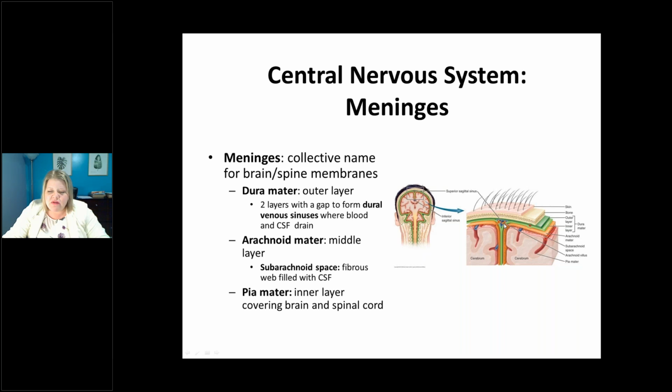The arachnoid villi, which are these projections into the superior sagittal sinus between the 2 layers of the dura mater, is where that exchange occurs, where cerebrospinal fluid is returned back into the blood system.